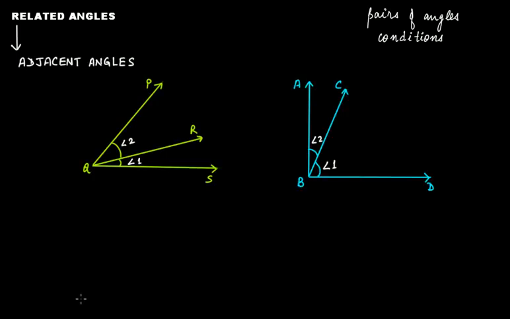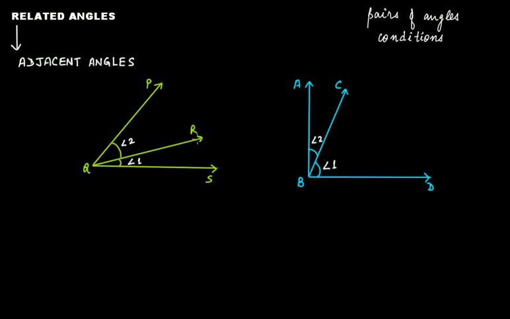The next related angles is adjacent angles. Well, it's a very interesting kind of pair of angles, because in this case, you'll have one common vertex and one common arm. How? See here. This is one angle, angle RQS, and we have represented this particular angle RQS as angle 1, right?